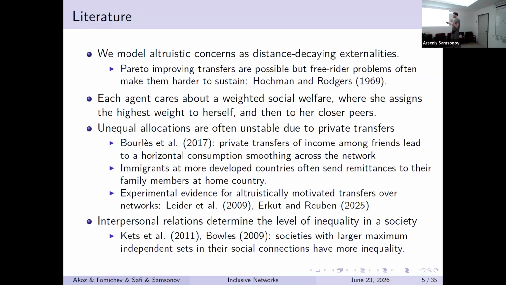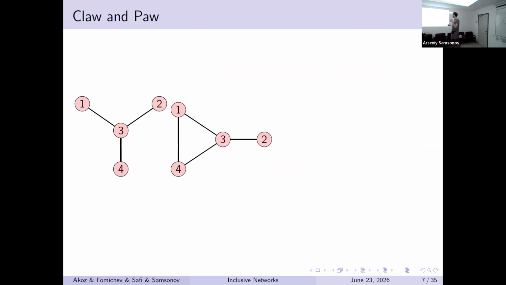Their main finding is that if you have many agents who don't have connections to each other, then this society can support a more unequal allocation of resources without someone deviating. So we do something different, we have different notions of stability, but if you're interested in this stuff, you can check out the paper.